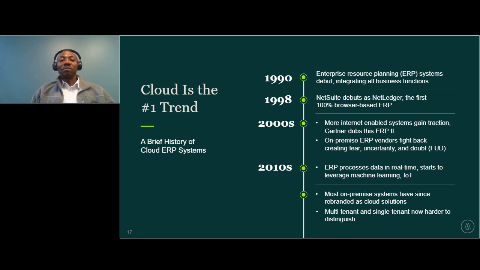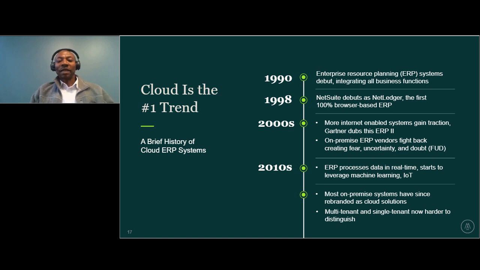By the 2000s, more internet-enabled systems started to gain traction. Gartner dubbed this ERP2. The on-premise vendors fought back, and that created a lot of fear, uncertainty, and doubt. But by 2010, we had a lot of clarity as cloud-based systems started gaining the upper hand.